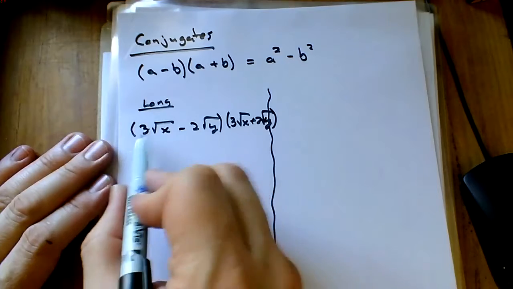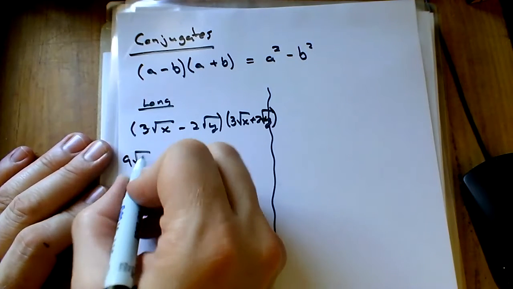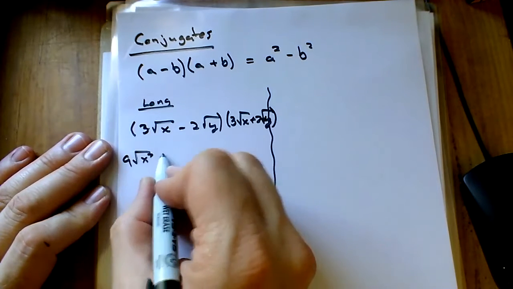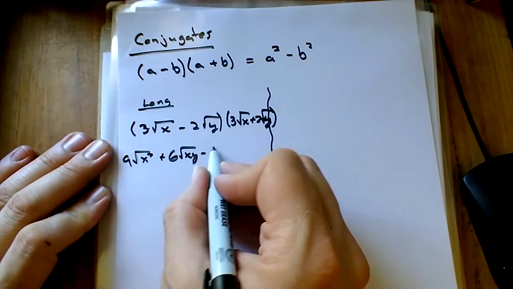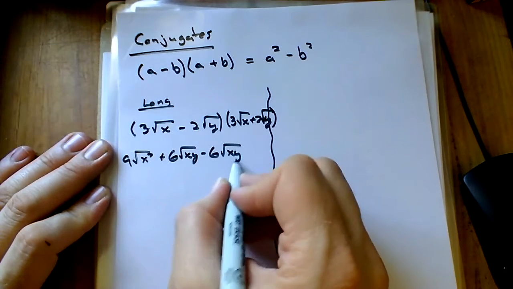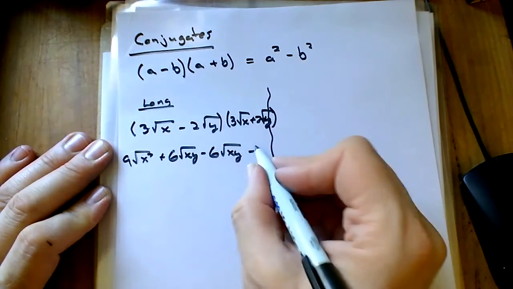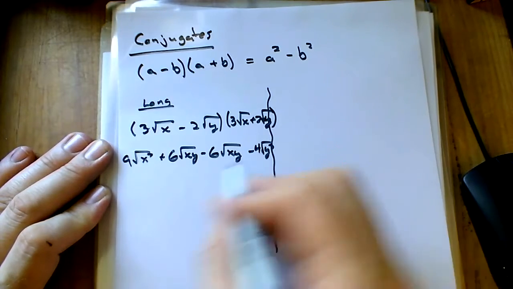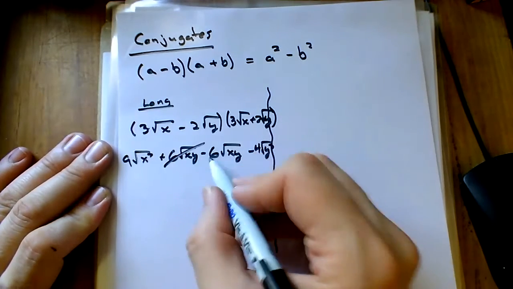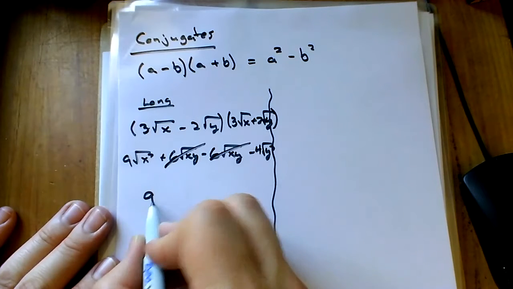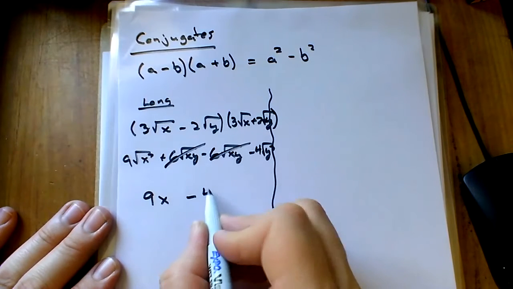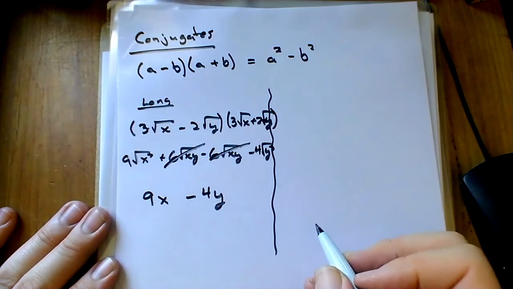Okay, this is going to be 9 square roots of x squared plus 6 square roots of xy minus 6 square roots of xy, and then minus 4 square roots of y squared. And hey, yeah, those are going to cancel out when I add those together. And I've just got 9x minus 4y.